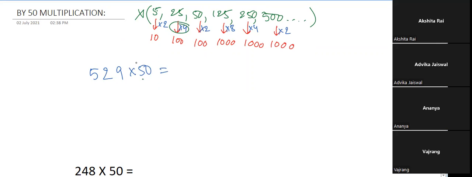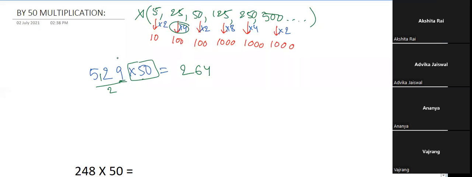Instead of multiplying the given number by 50 directly, I'll do division by 2 first, half of this number. Half of 5 is 2 with remainder 1. Now it is 12. Half of 12 is 6. Half of 9 is 4 with remainder 1.